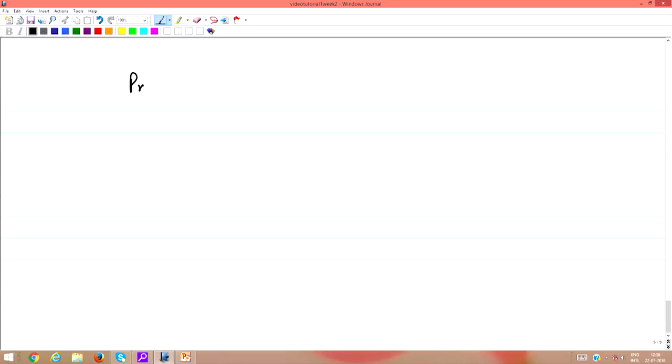Problem 2. Minus h bar square by 2 m d square by dx square psi is equal to E psi is the equation that we solve. Now, if you are given the psi as c x into L minus x, where c is the normalization constant, does it give you this function back?